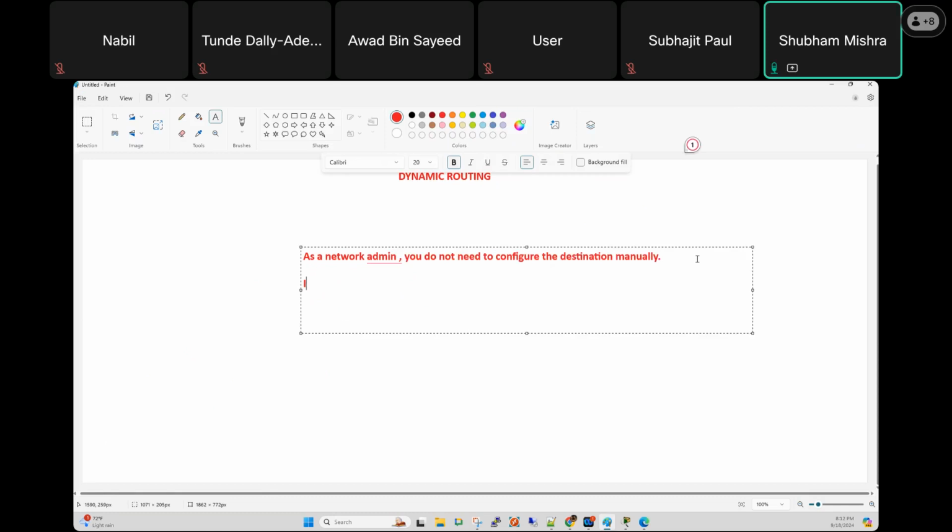It means when you configure the dynamic routing, the router will exchange the complete routing table with its neighbor.